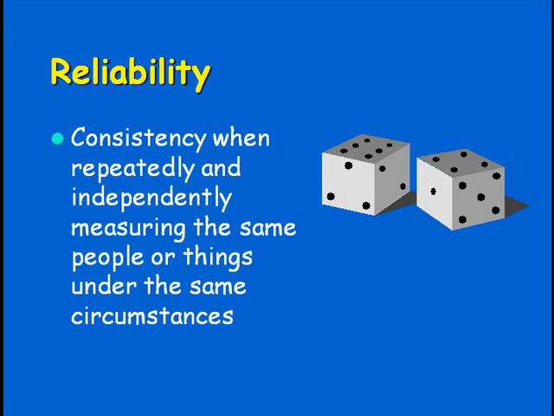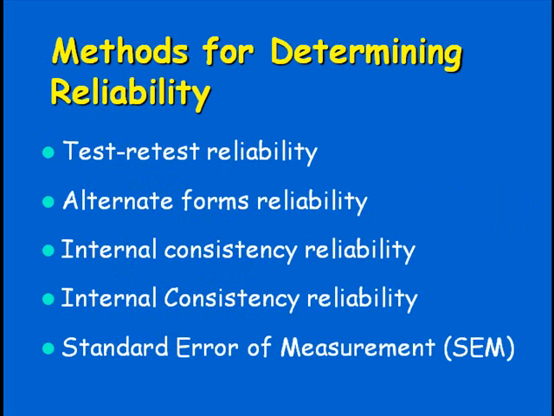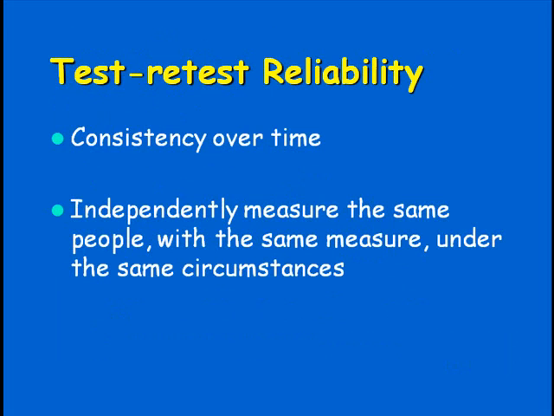There are different methods for determining reliability that we're going to talk about today, and we'll talk about the first 4, and when we talk about standardized scales, we'll talk about the standard error of measurement. But the first one, test-retest reliability, talks about the consistency over time.